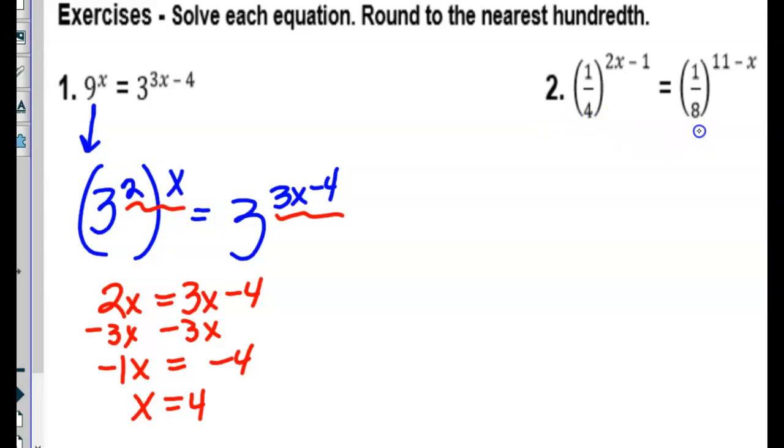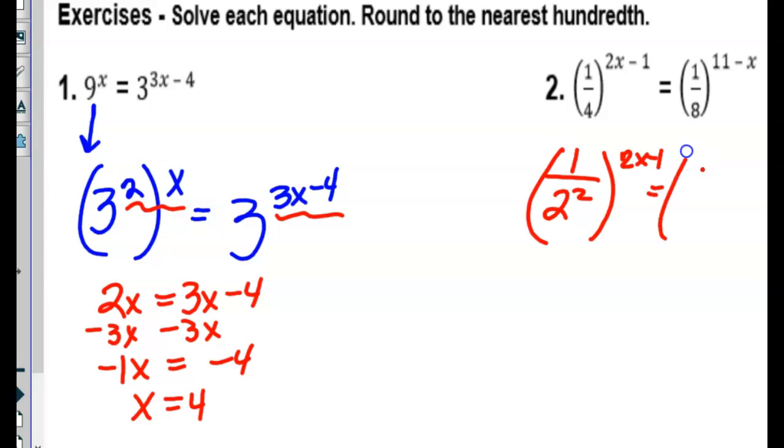Yeah, 4 squared is not 8. What are those both powers of? 2, yes. So this is 1 over 2 squared. And this one is 1 over 2 cubed.